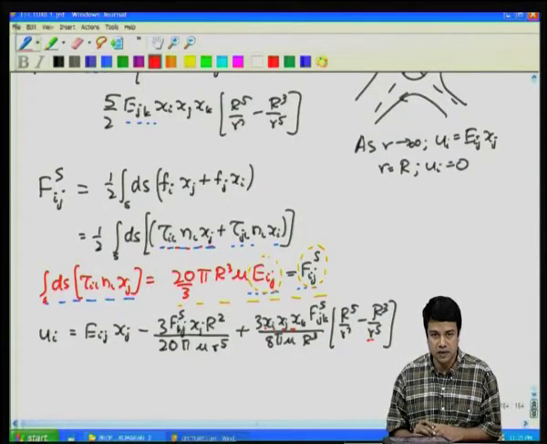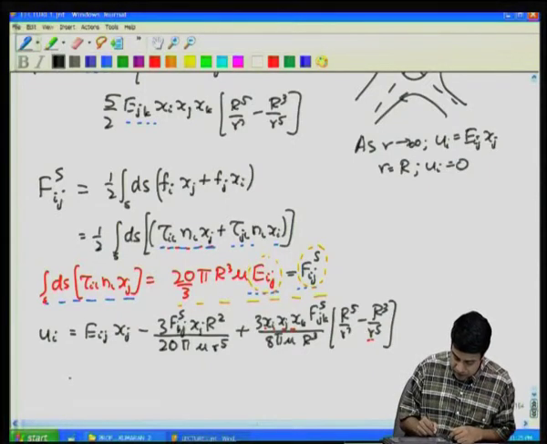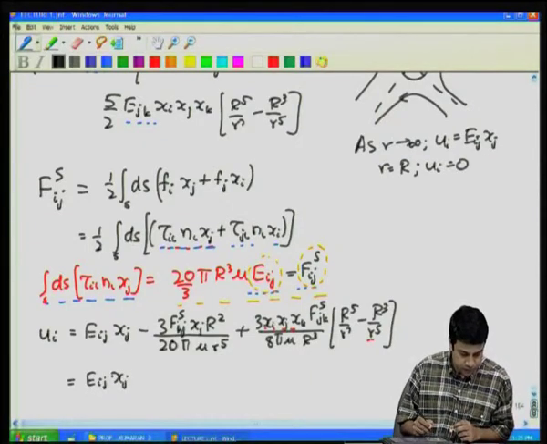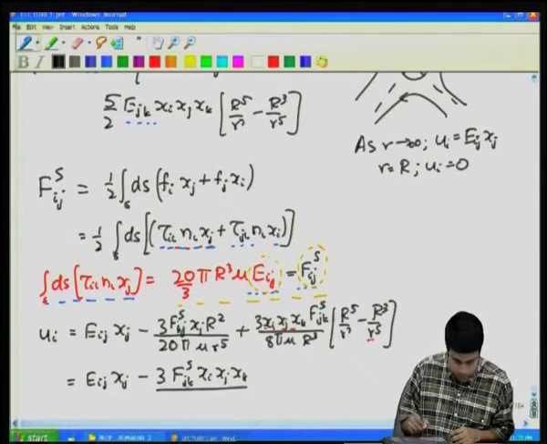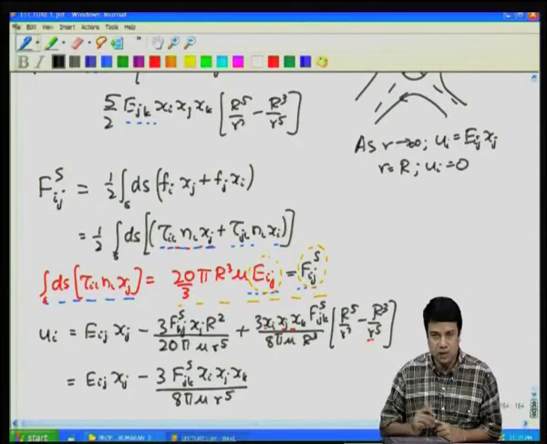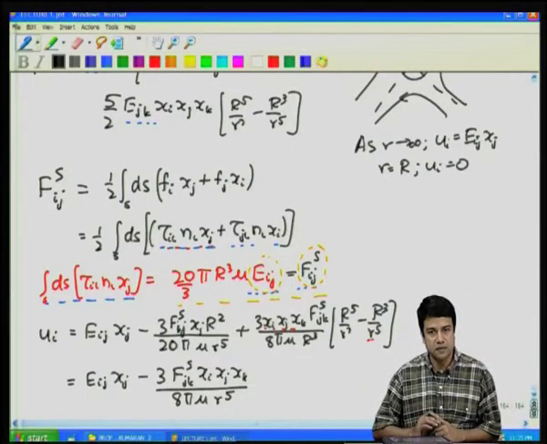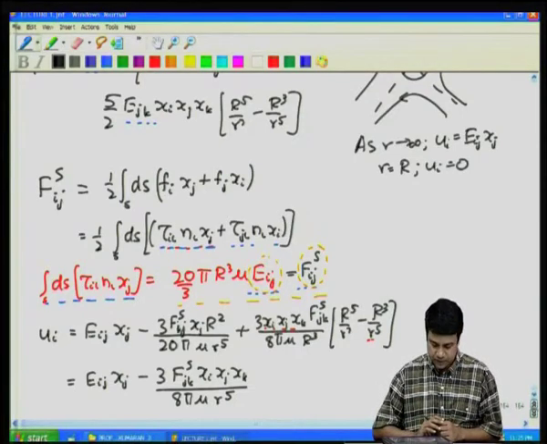So, if I just retain that term alone, I will get E_ij x_j minus 3 F^s_jk x_i x_j x_k by 8 pi mu r to the 5th, retaining the term that decays the slowest, because as r goes to infinity, this term is much larger than the terms that decay as 1 over r to the 4th.